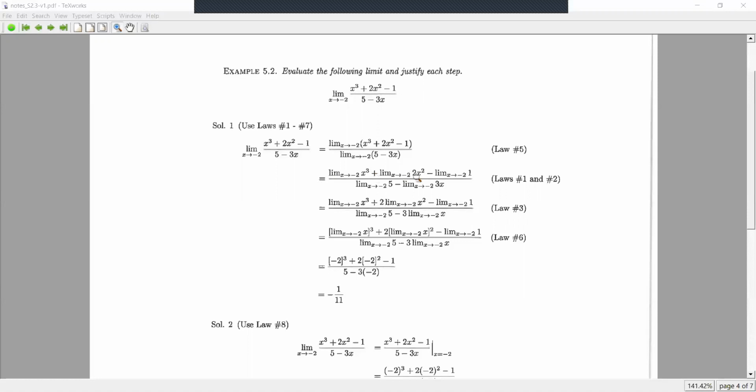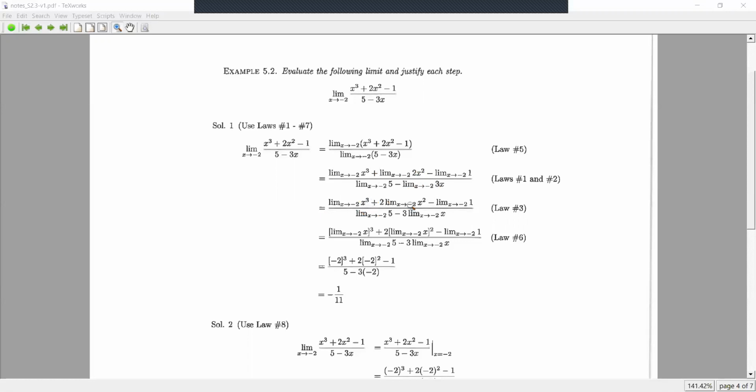I can see that some limits are constant times a function. So I can move the constants outside the limits. So we have this equation.